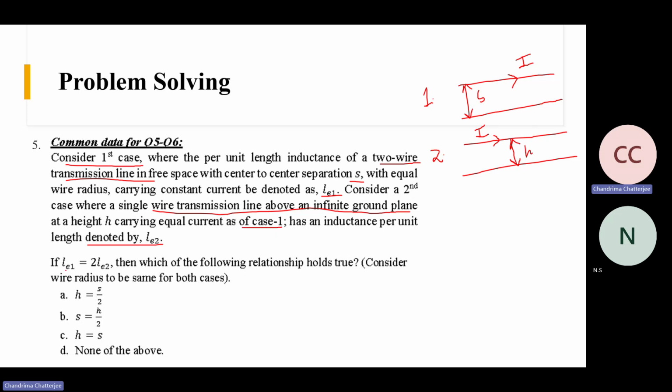If LE1 is twice LE2, then which of the following relationships holds true?